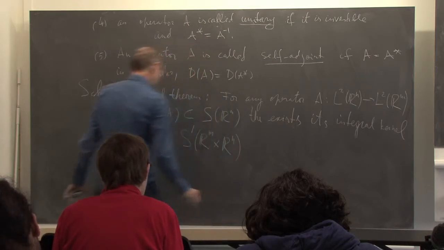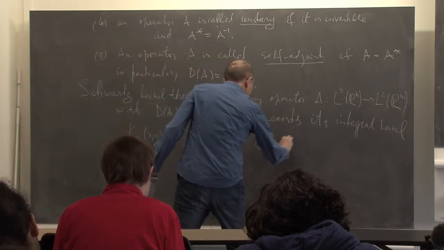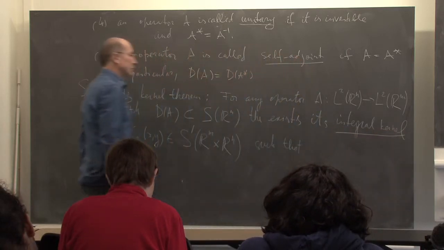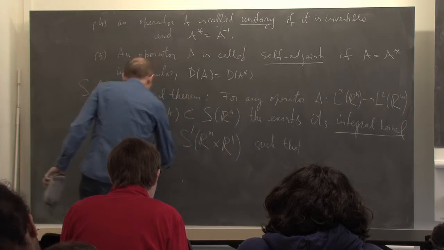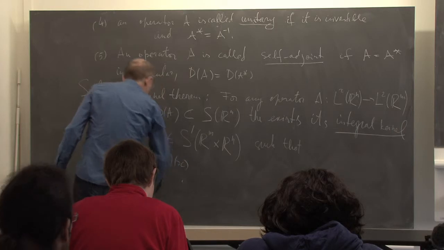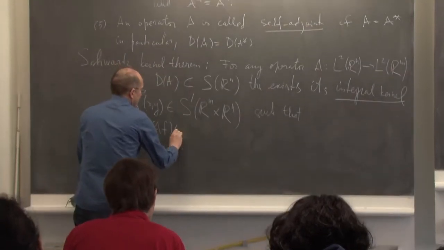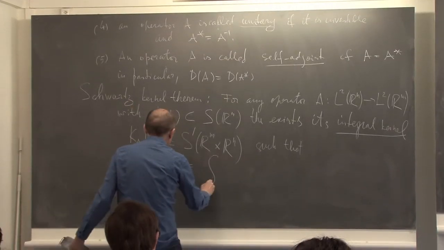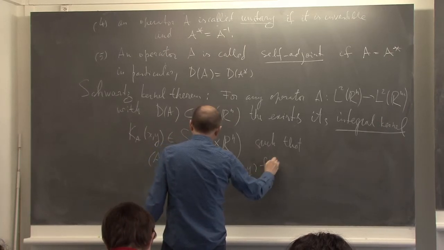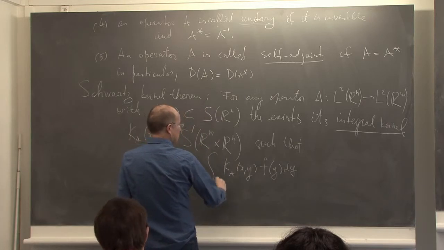It should go like this, such that A acting upon f, evaluated on x, is given by an integral of K_A of x, y, f of y dy, integral over Rn.